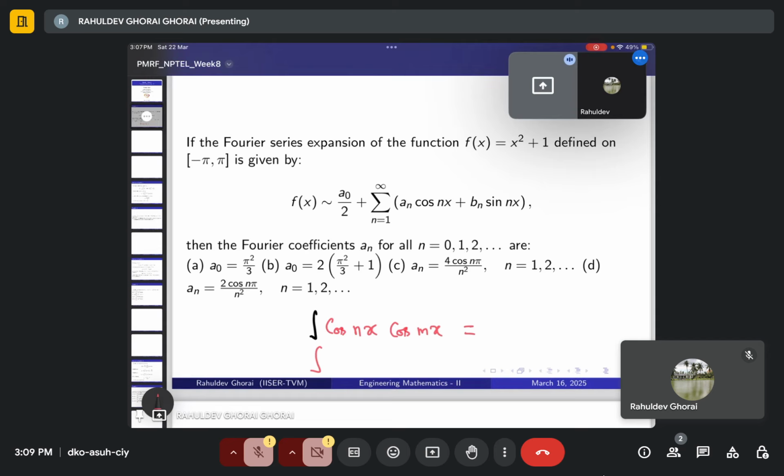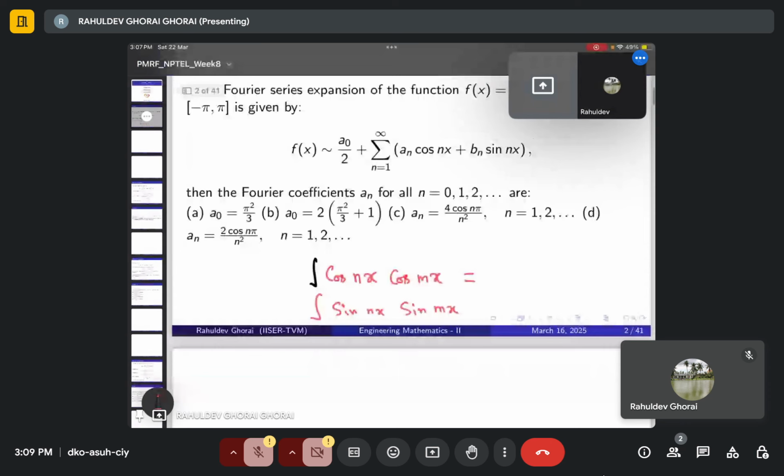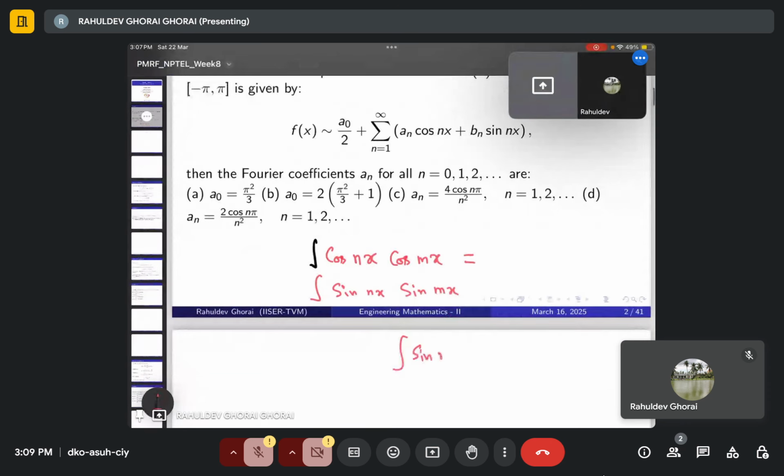The integration of sin nx sin mx, and the integration of sin nx cos mx. So mainly you need to know what the values of these are.